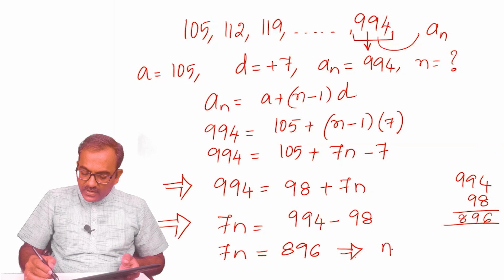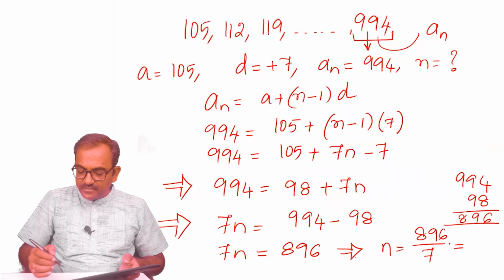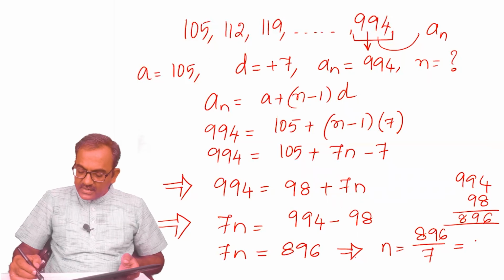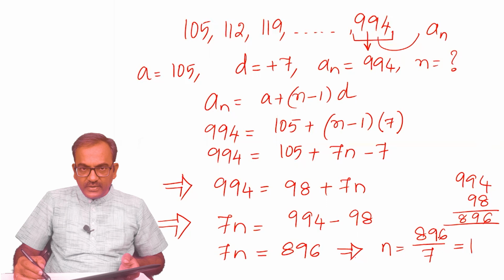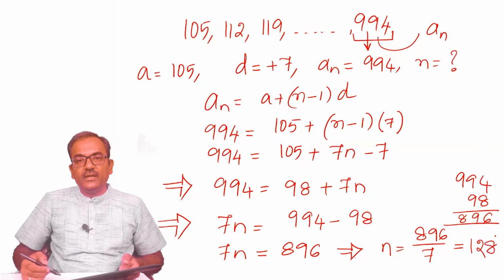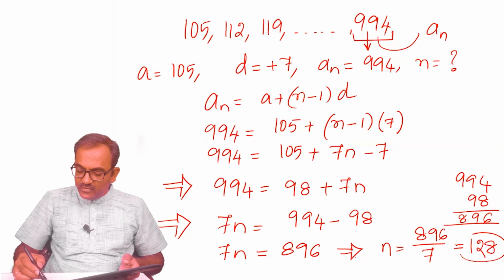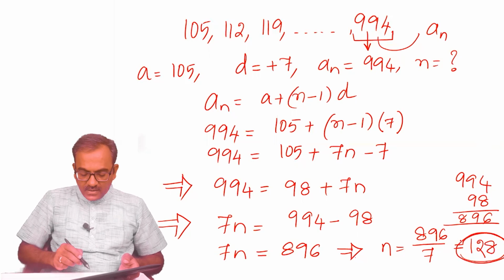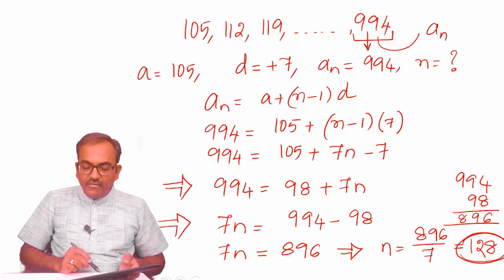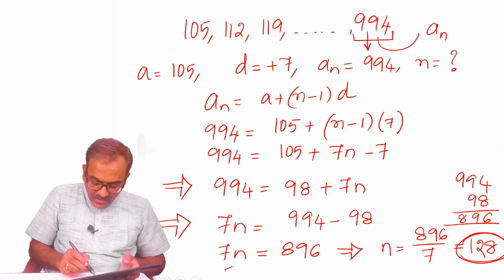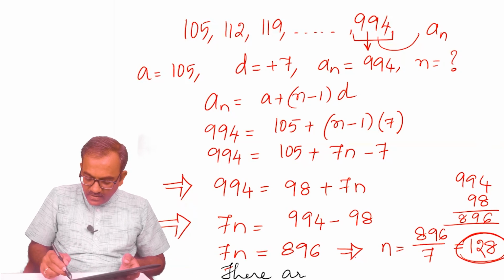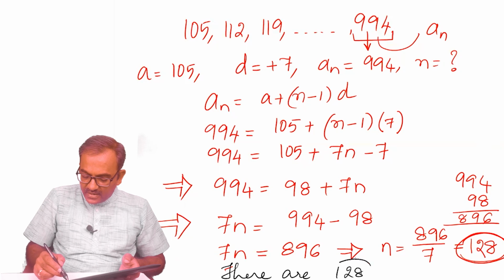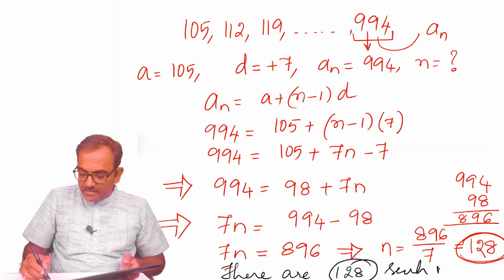Alright, so n is equal to 896 divided by 7, and then 7 ones are 7, we have left with 19, 7 twos are 14, 7 eights are 56. So what does this 128 signify? This 128 signifies that there are 128 such numbers.